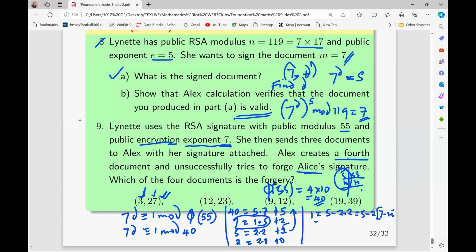And so this is the same as 5 minus 2 multiplied by 7 plus 2 multiplied by 5.